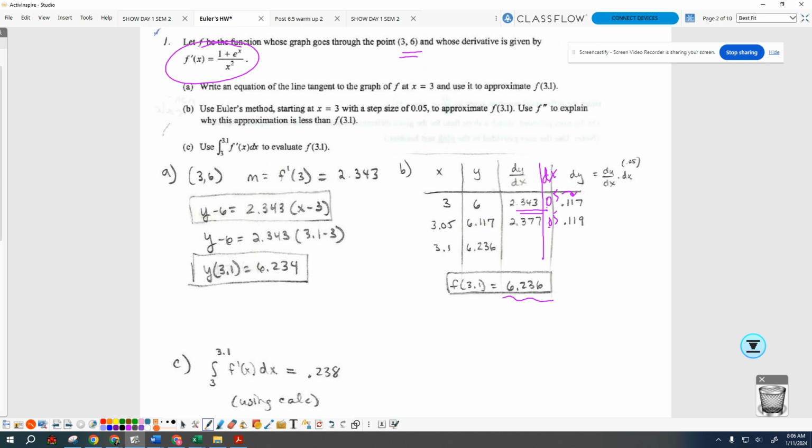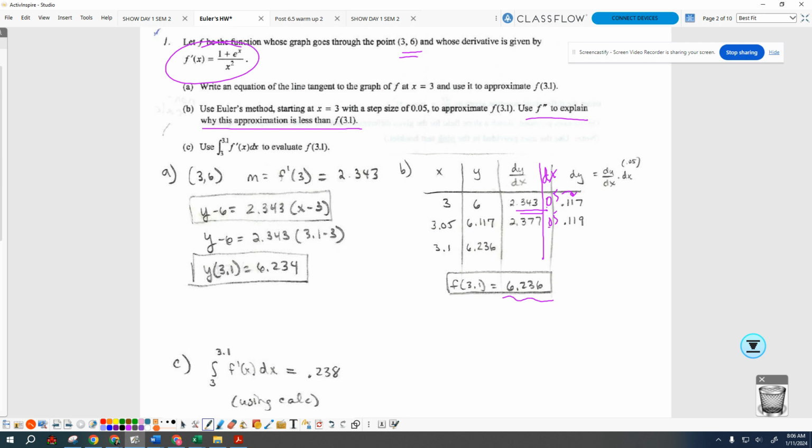Okay, so then it says part 2 of this, which is a free response question from AP. Part 2 says use the double derivative to explain why this approximation is less than f of 3.1. First of all, a lot of you missed questions, like the second part of the question, because you didn't read the whole thing.